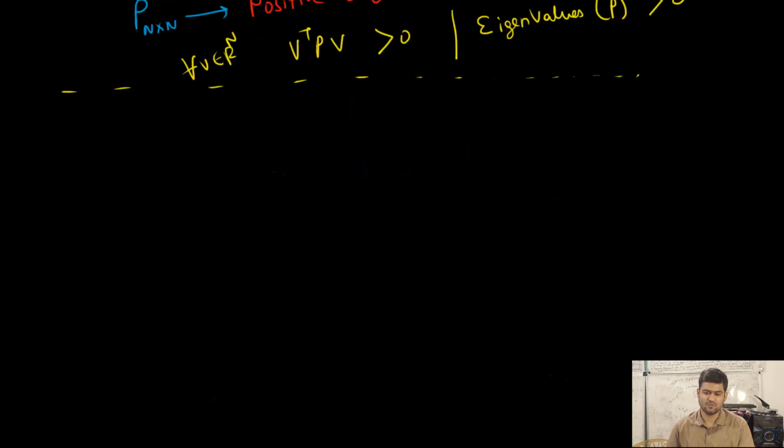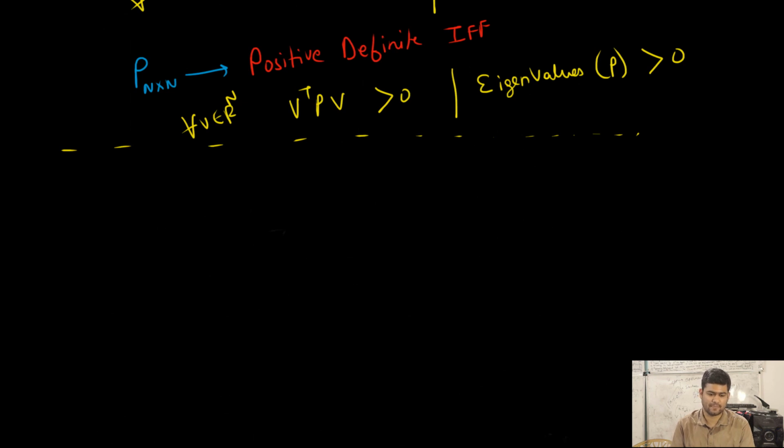So just a small note about concave functions. If a function f is convex with the domain of f convex, then the negative of the function f would be a concave function.